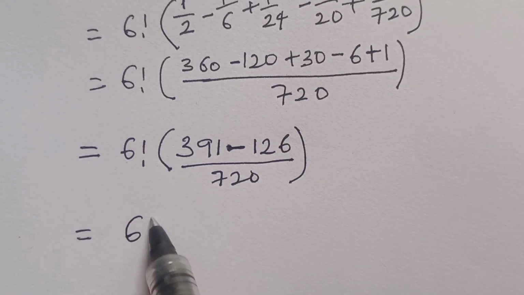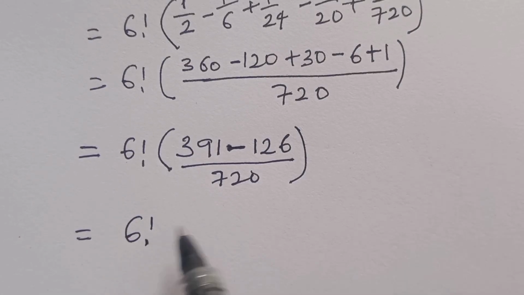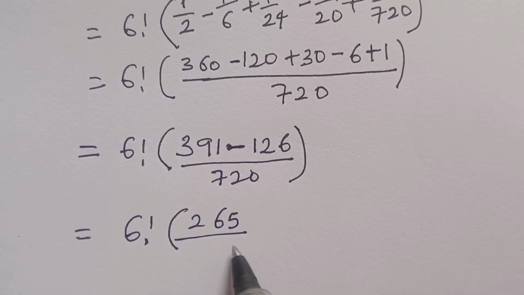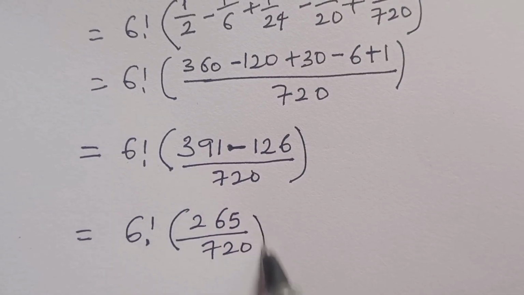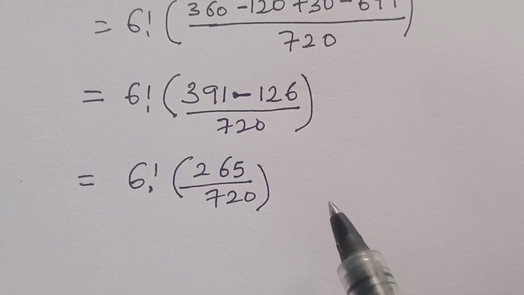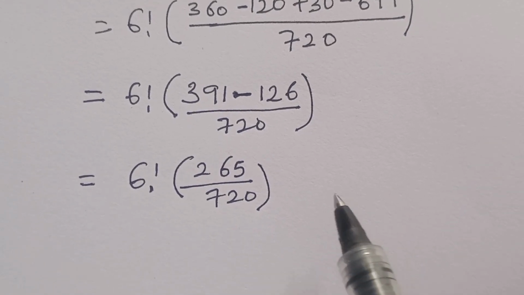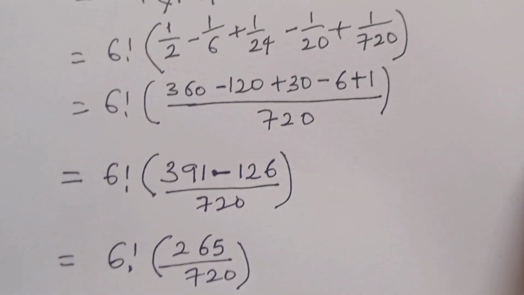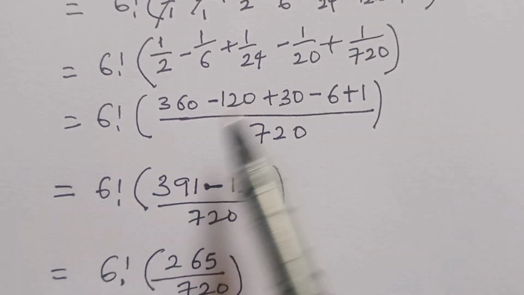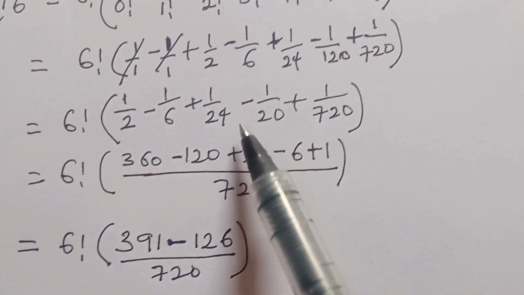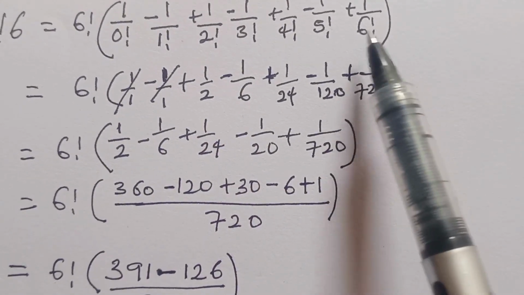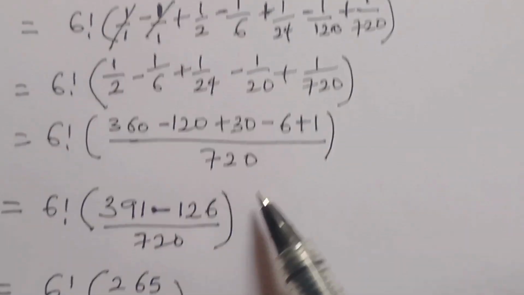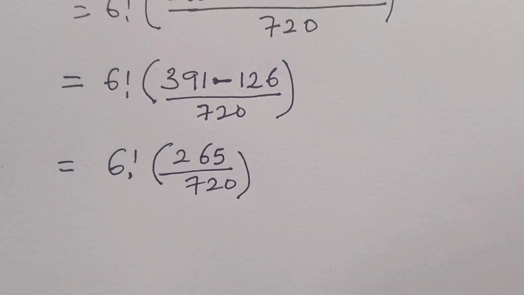So now we have 6 factorial into brackets. If you subtract 391 minus 126, you are left with 265 divided by 720. There is something that you need to take note of at this particular junction. If you look at this critically, you will see that we converted 6 factorial to 720, and we now have 6 factorial outside the bracket.